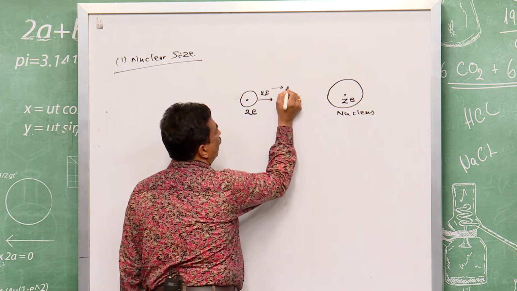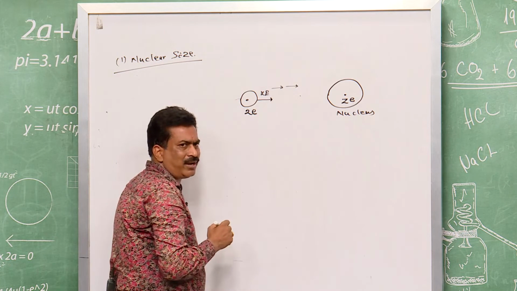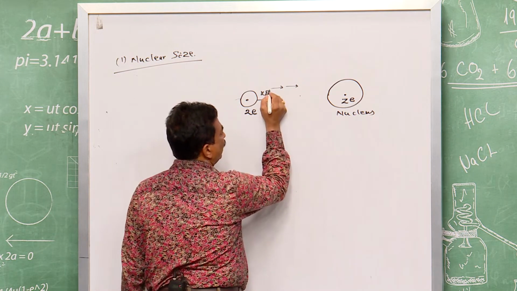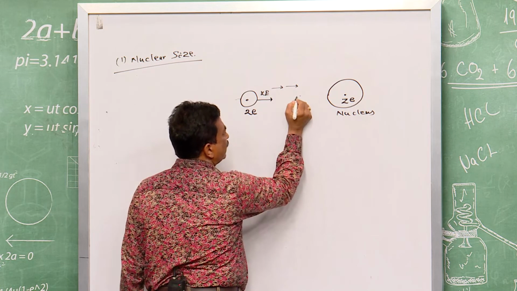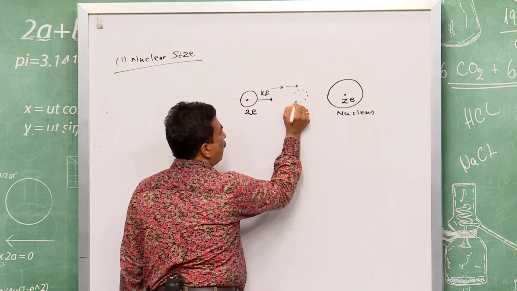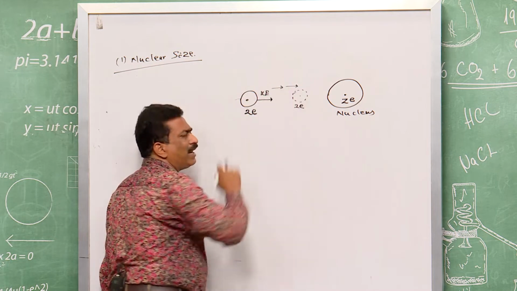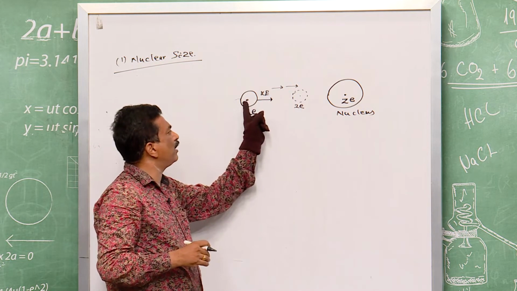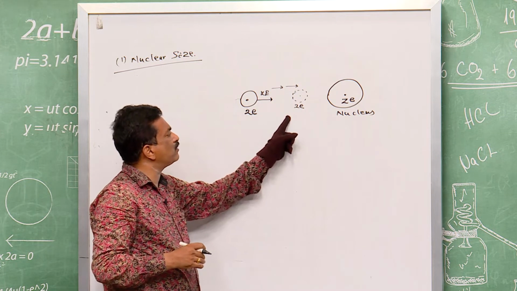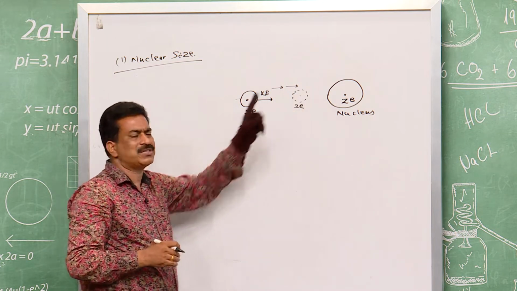Means the alpha particle is going from left to right, and suppose at this position, this is the alpha, it remains at rest here, because the kinetic energy gradually reduces, therefore this force has its influence.